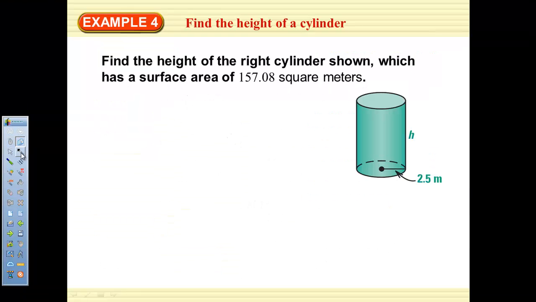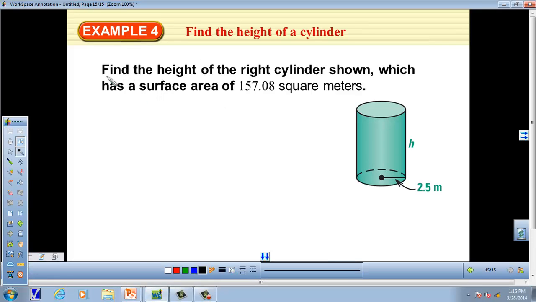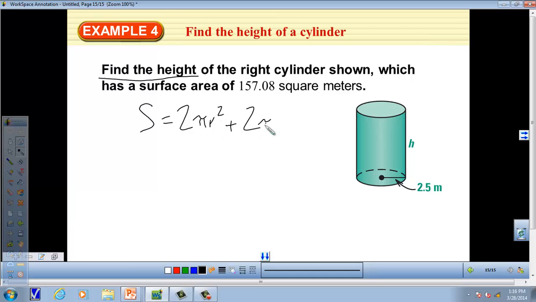And here's another one where this time we want to find the height. So we're going to use the formula and we're going to solve for the height. So again, our formula is 2 pi r squared plus 2 pi r h. We have our surface area, which is 157.08, and we put that in for surface area.